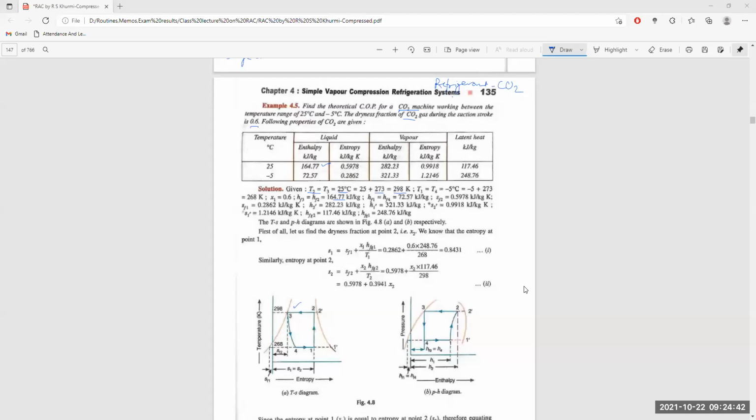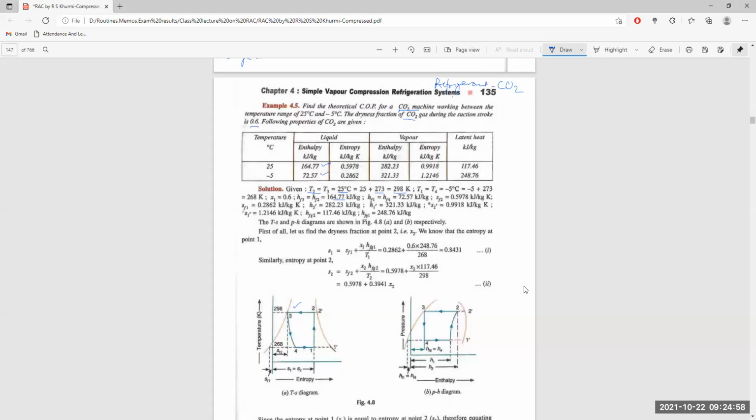The enthalpy of the liquid at lower temperature is given as 72.57.